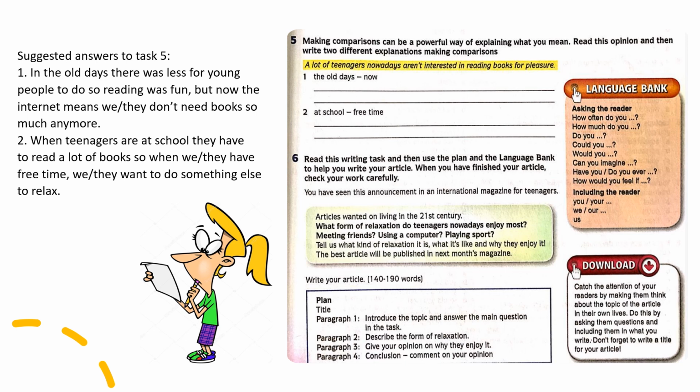Number 2, when teenagers are at school, they have to read a lot of books. So when we or they have free time, we or they want to do something else to relax. So you can use either we or they when you are writing and explaining the comparisons.